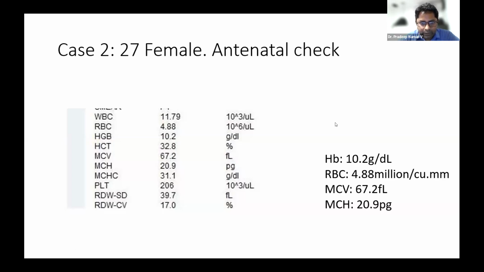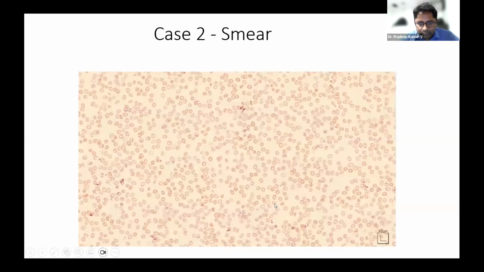Initially we thought it might be just iron deficiency, but the indices almost look fine, except that RBC is slightly on the higher side. We looked at the smear: it's microcytic hypochromic, quite a few target cells here and there, poikilocytosis very minimal.